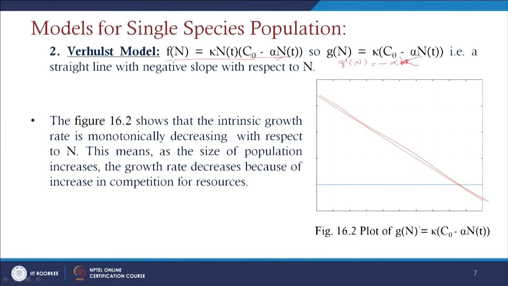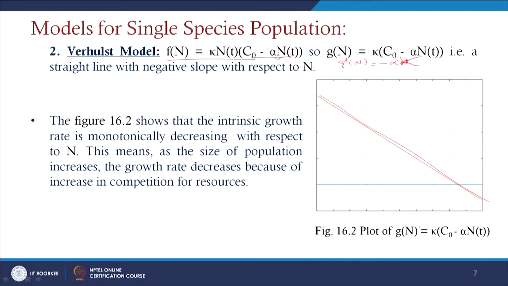Since the same food is provided to all these cells or animals, they compete with each other to increase their growth rate, but definitely you will find that the growth rate will decrease. So, that is why if you plot g of n, the total population growth rate, it represents the decline with respect to the total number of population.